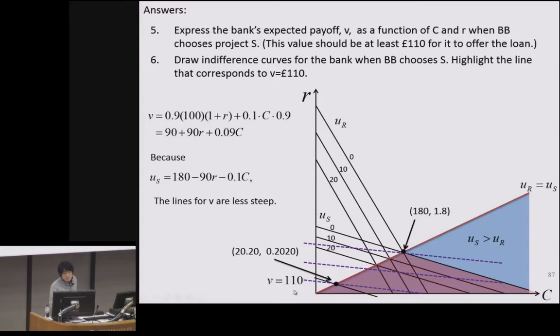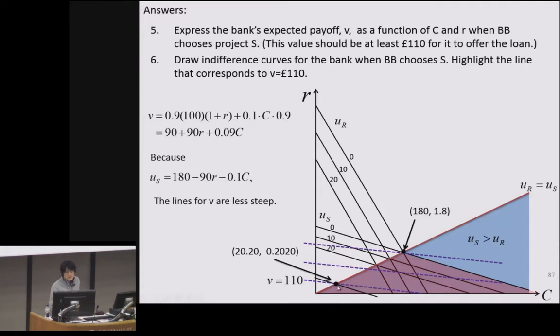For the bank, the contract should be above this line, which corresponds to V equal 110, because the bank wants at least 10% expected return in our assumption. So this is the minimum acceptable level for the bank.